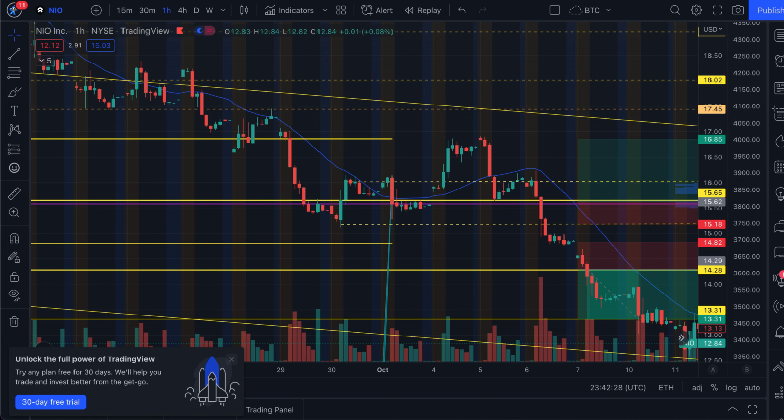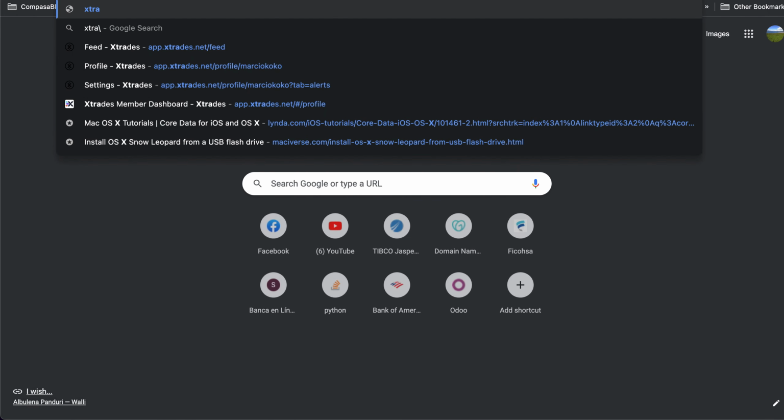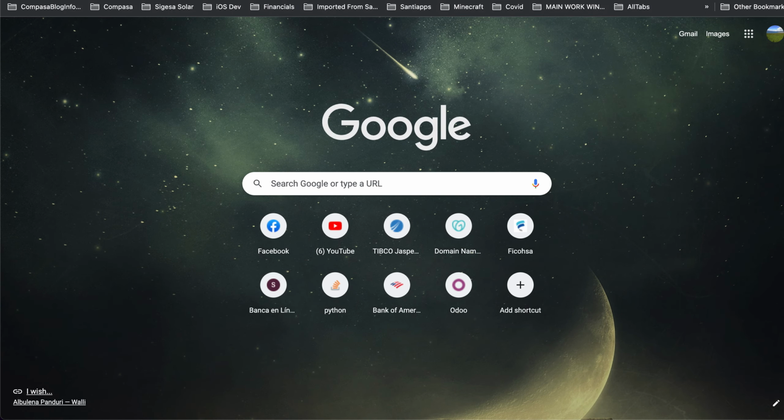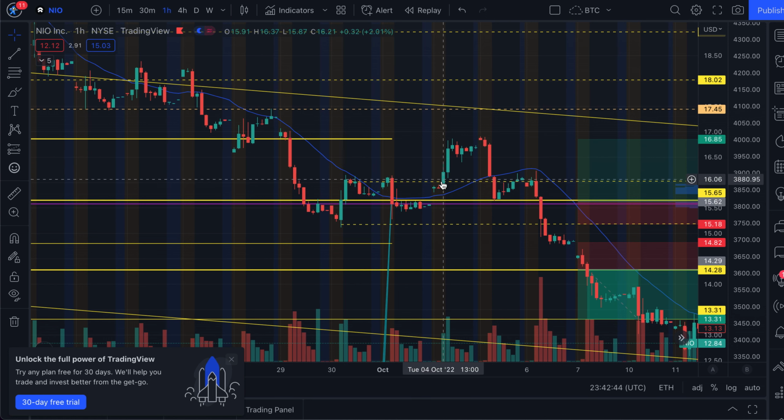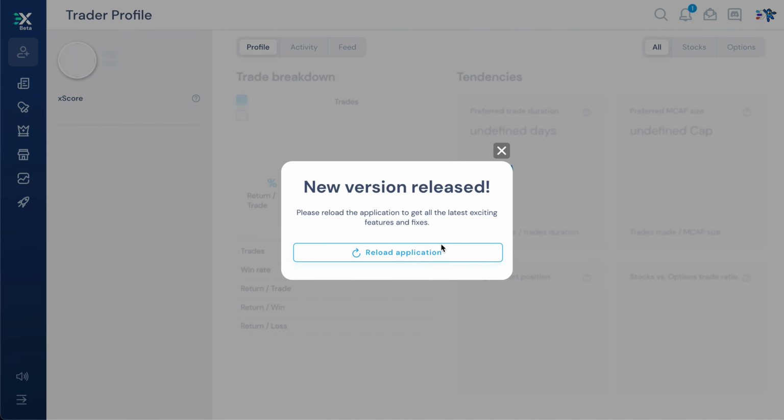Let me see if I can load the X trades, there we go. And we did sell. So we did make some profit, even though we were trading against the overall trend. We had figured that it might go as high as the downtrending line, and it never reached that target, so we sold earlier.